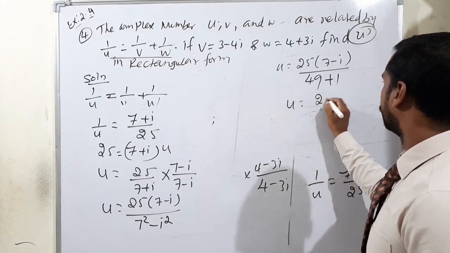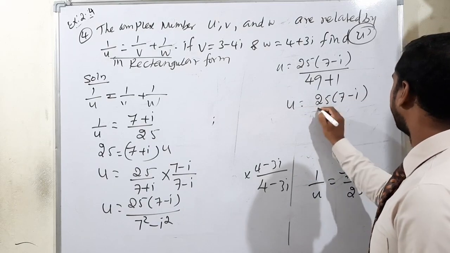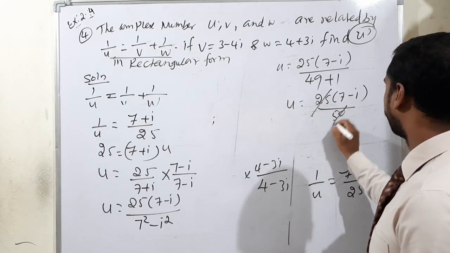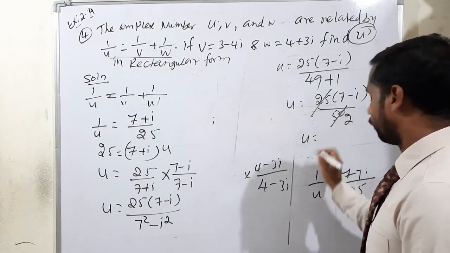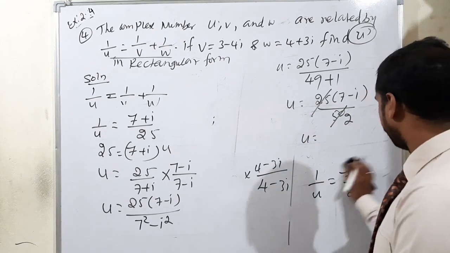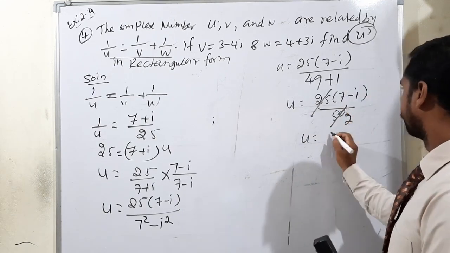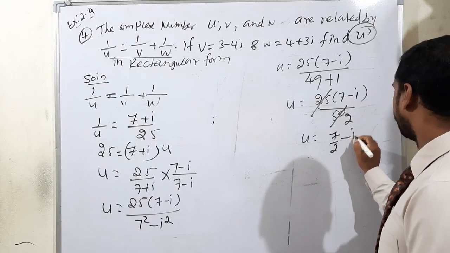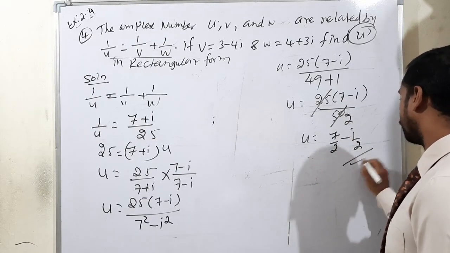So u = 25(7 − i)/50. 25 and 50 cancel, leaving 2. The final answer is u = 7/2 − i/2. This is our final answer.